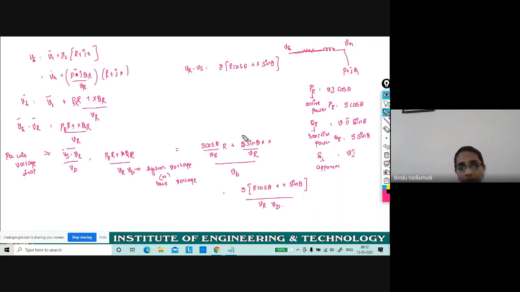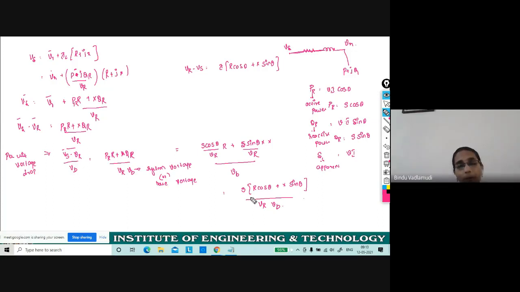Here the voltage drop is expressed in terms of current, whereas here it is expressed in terms of power. Is it clear?